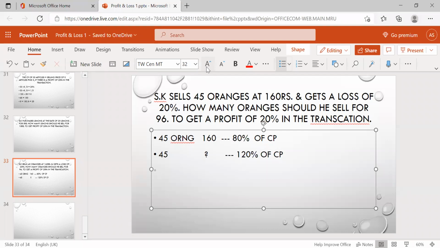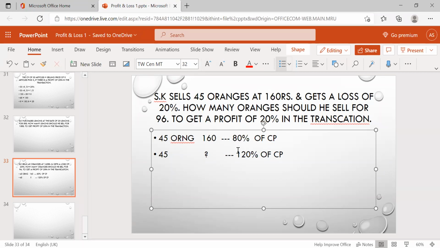See here, 80% is 160 rupees, and next time he's saying 120% of cost price, which is profit. Profit is 20%. It means 80 to 100 is 20% plus 20%. Totally it is nothing but 40% extra, right? So 80% is 160. What's the 40%? 80, right?